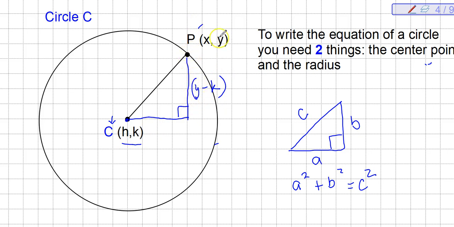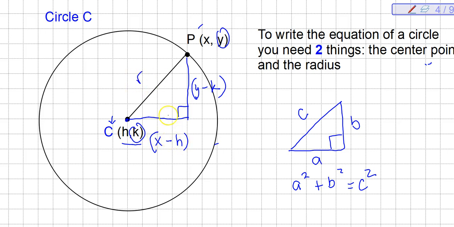So that's the distance between this and this. It's y minus k. What's the distance here? Starting at my point, x minus, if I want to get from here to here, minus h, right? Because this is my x and this is my h. Those are both in the x coordinate position, right? Position 1. That's the horizontal.